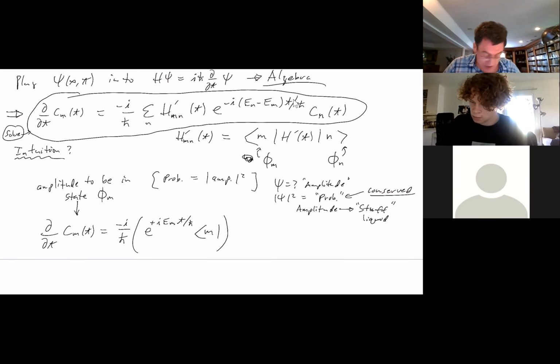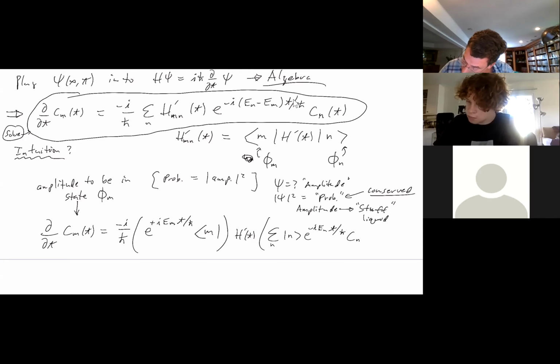Then we have H prime of t. And then this part, n, e to the negative i E_n t over h bar, c_n of t.